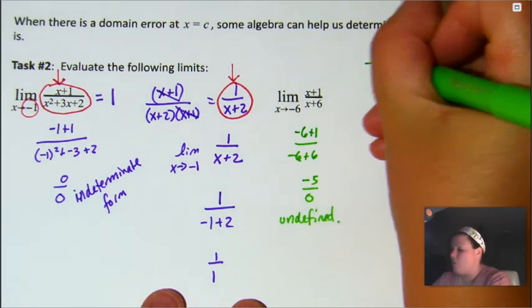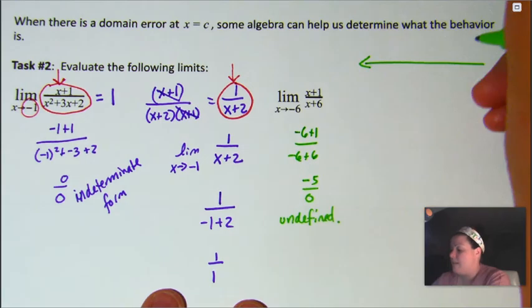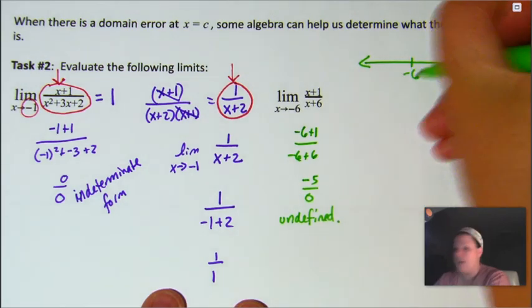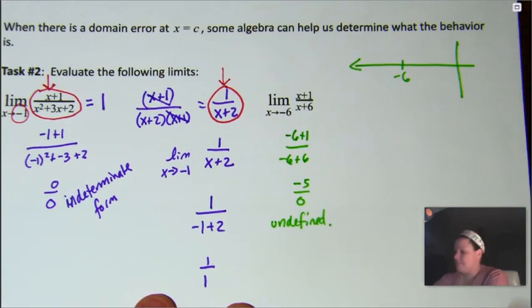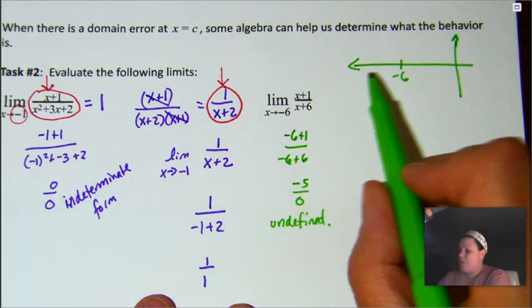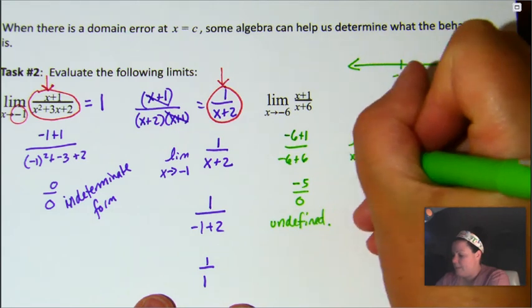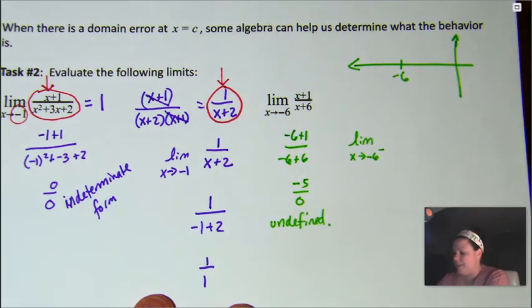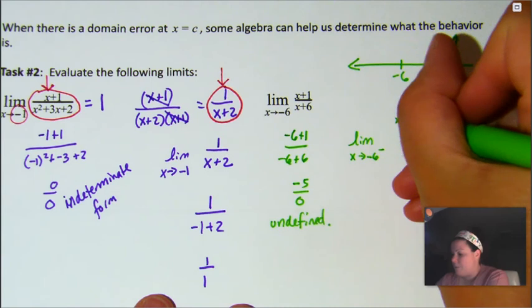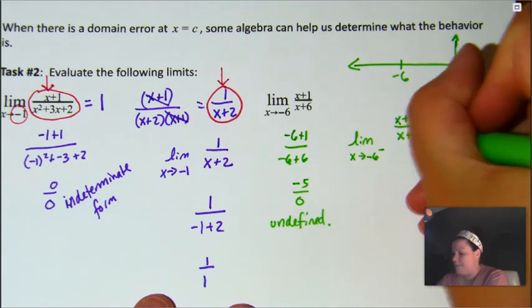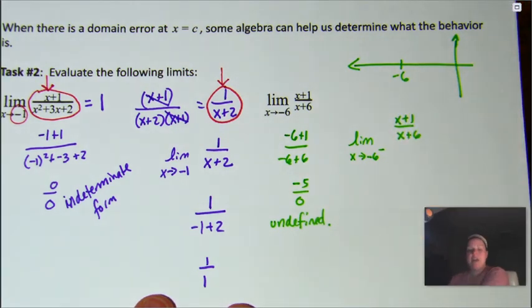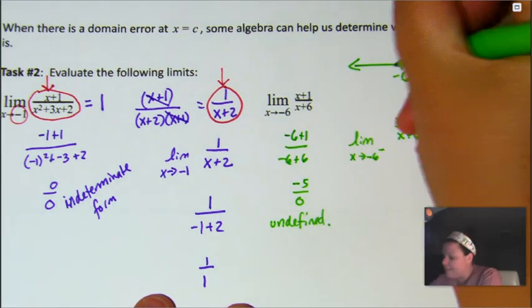I'm going to actually draw out a number line just to give us a sense of what's going on. There's your -6. I'm going to try to figure out what's happening here. As we're approaching from the left, the limit as x approaches -6 from the left of x plus 1 over x plus 6, I'm going to pick a value really, really close to -6 on the left-hand side.